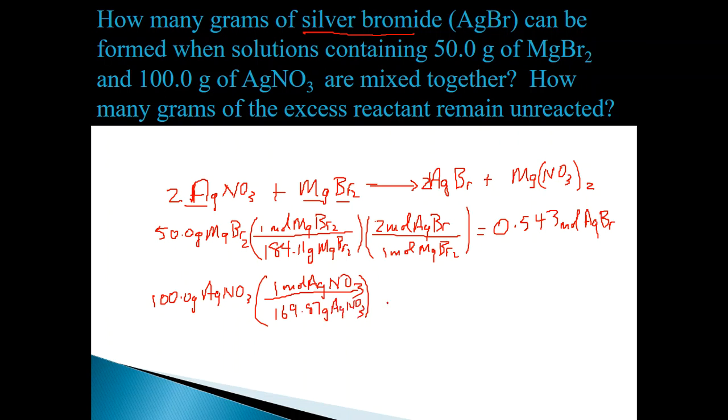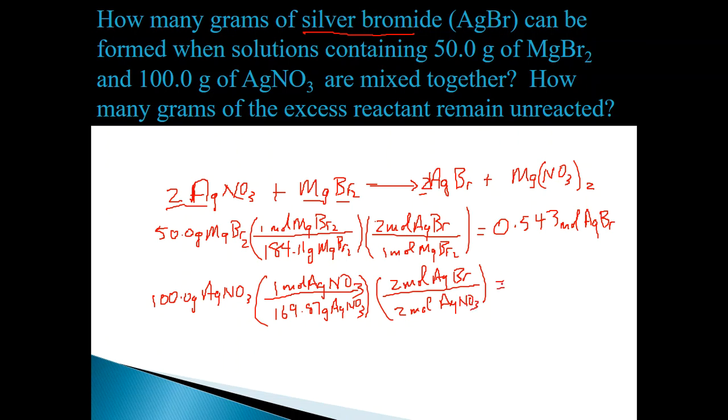And then I look at the mole ratio between the silver nitrate and the silver bromide, and you'll notice it's a 2 to 2 mole ratio, or 1 to 1, same difference. So 2 moles of AgBr over 2 moles of AgNO3. All right, and then I work this out.